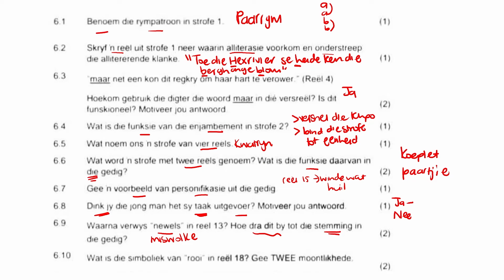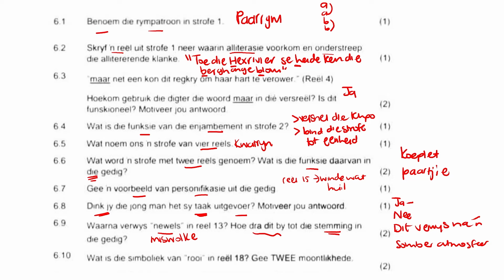So you first say what nevels is, and then how it contributes to the poem. So nevels is the miswolke. And what does it mean? Dit verwys na 'n somber atmosfeer of 'n ongelukkige atmosfeer. Anything that shows sadness or depression, that's what miswolke is contributing to.